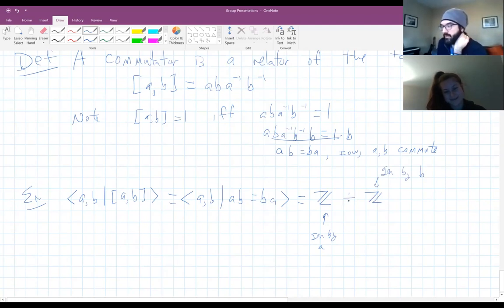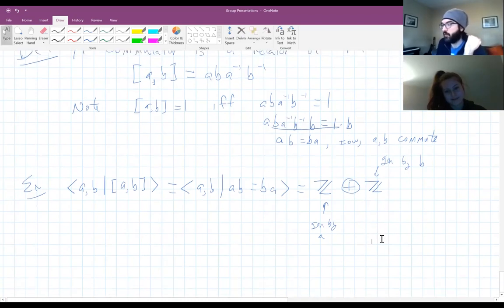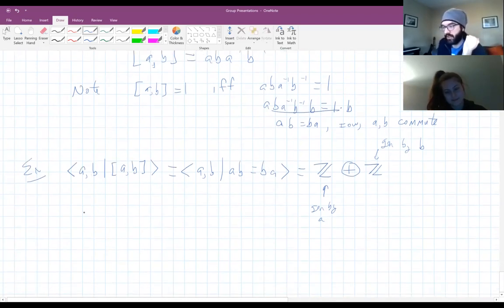And so it's the direct sum. Do you know that symbol, direct sum? Okay, so that's what the group is. Z plus Z, as a set, is all pairs (a, b) with a in Z and b in Z. But it commutes.